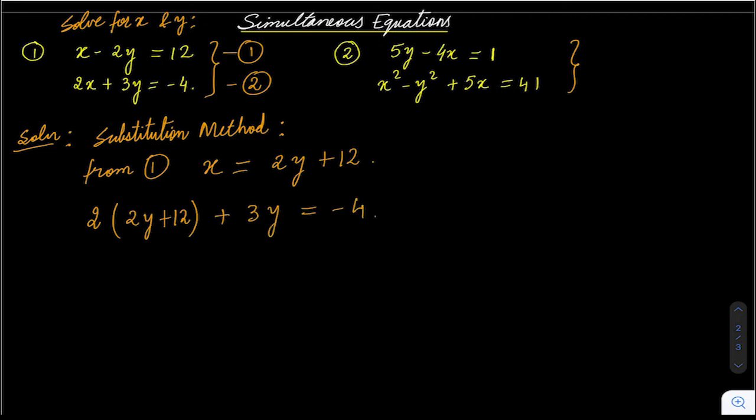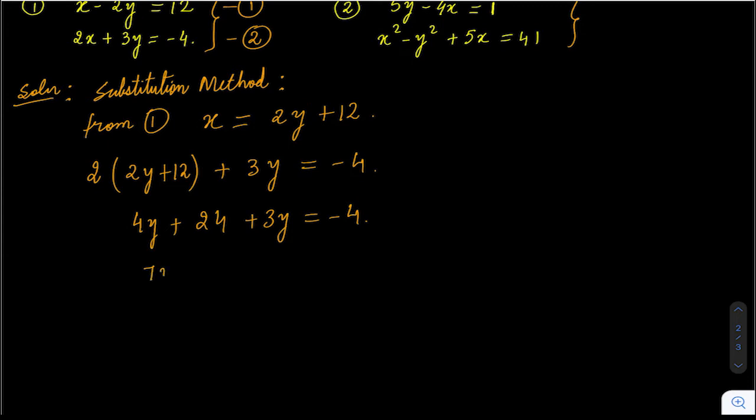So let's collect like terms. This is 4y plus 24 plus 3y equals minus 4, and it will give me 7y equals minus 28, which will give me y as minus 4.